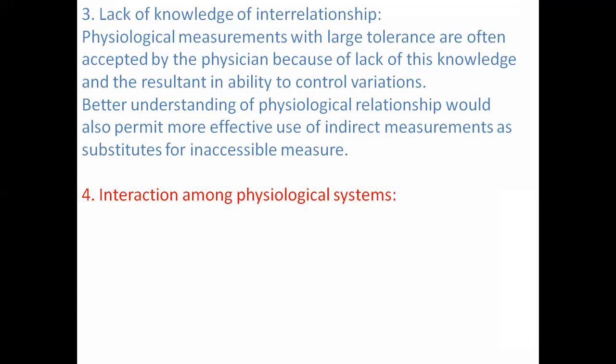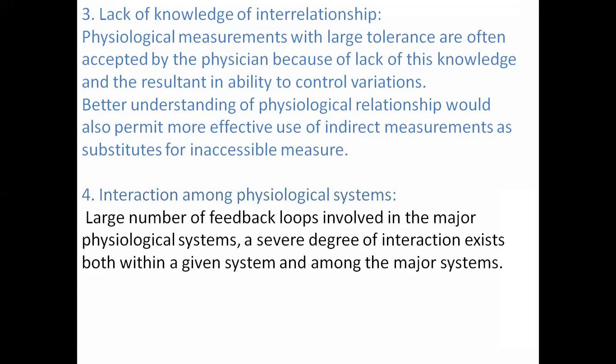So the interaction between the different physiological systems is also one of the parameters, and these are connected by a number of feedback loops, because human beings have 5 types of sensors, and every time they sense information and send it to the brain, and according to that the brain gives signals. And like that it acts.